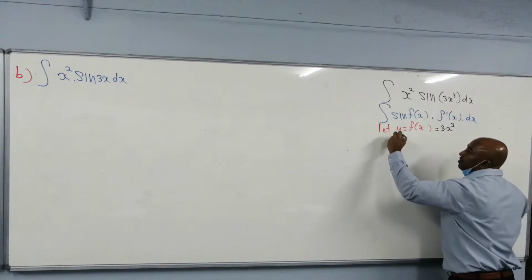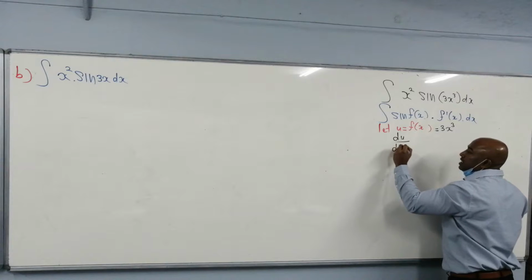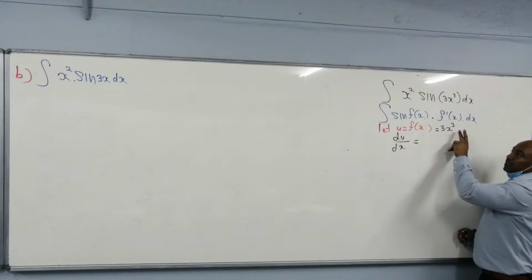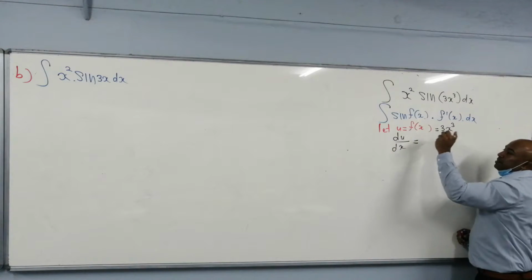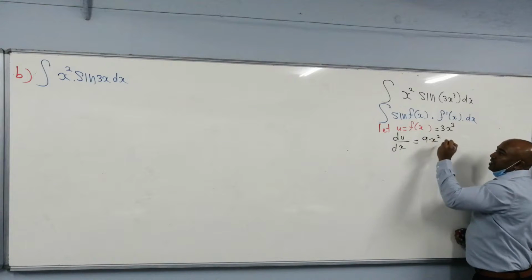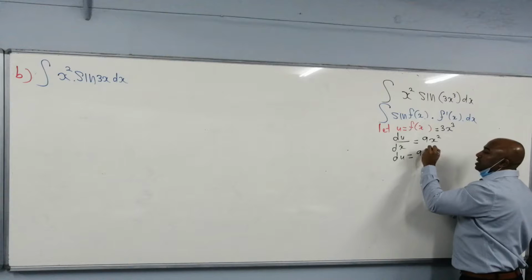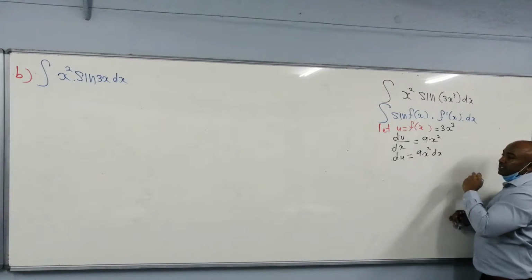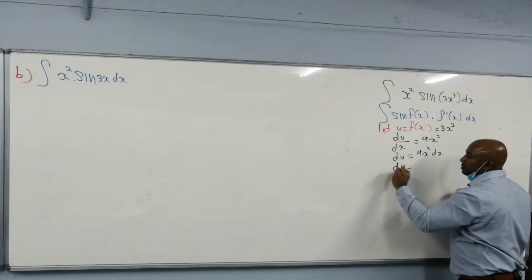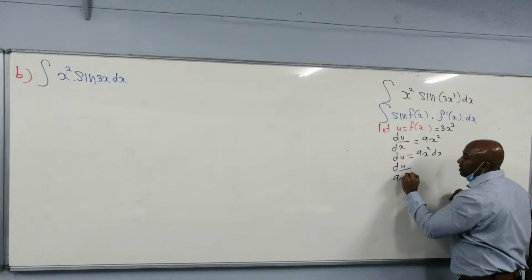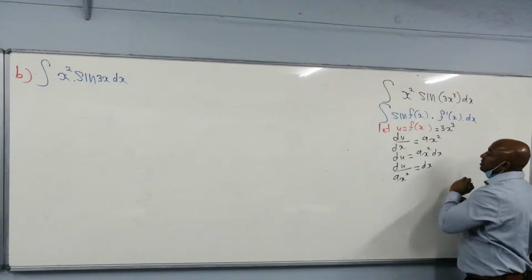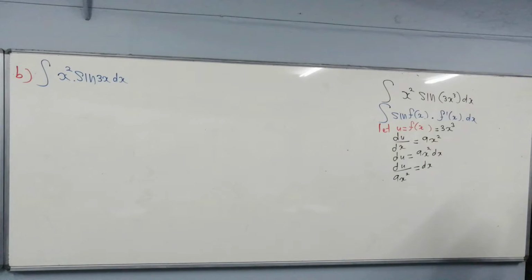So now if I differentiate, du over dx, what is the derivative of 3x to the power 3? 3 times 3, that will be 9x squared. So I need to make dx the subject of the formula. So therefore, dx is going to equal du divided by 9x squared. You all follow what happened there?